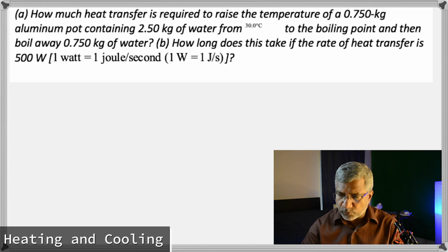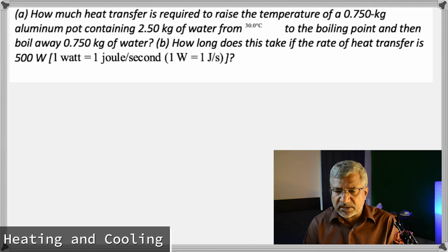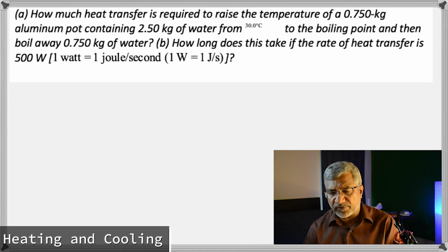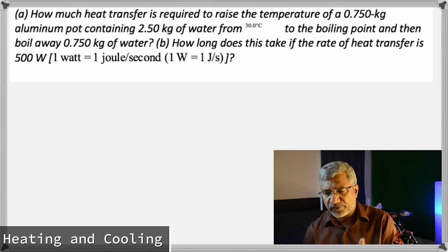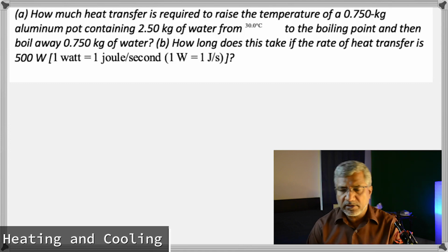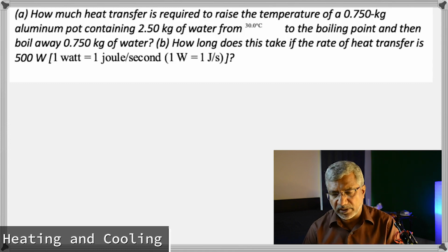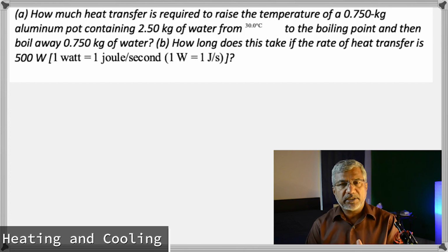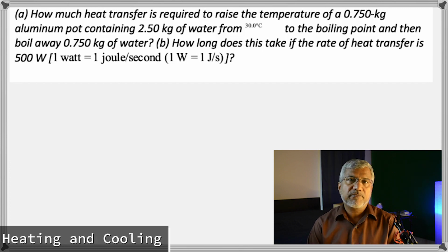And now question 4. How much heat transfer is required to raise the temperature of a 0.750 kilogram aluminum pot containing 2.50 kilograms of water from 30 degrees Celsius to the boiling point, and then boil away 0.750 kilogram of water? All right. First of all, notice that there are 2 substances. Water is contained in the aluminum pot.